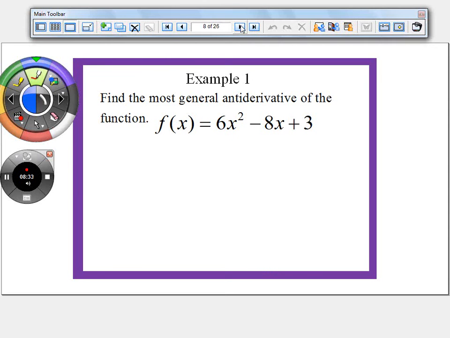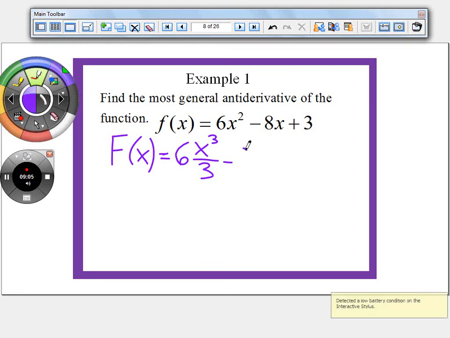All right, let's do an example. So we start off with a particular derivative, and we want to find the antiderivative. So all you do is say, hey, I'm finding the antiderivative. So you put a big capital F of x, if it just gives you f of x. And then what you're going to do is write 6, carrying the constant along for the ride, and then you raise this up 1, and then divide by that same amount.